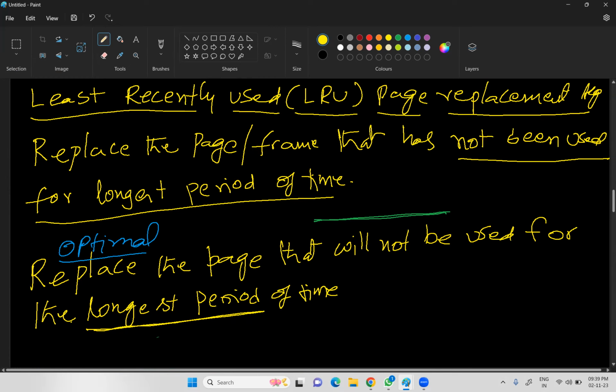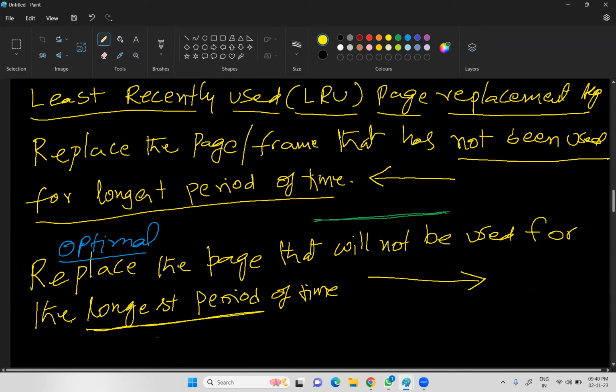Has not been used, in the sense that it is always looking backward. Will not be used for the longest period of time, in the sense that it is always looking towards the future, that is forward. That's the difference. Hope you understood.